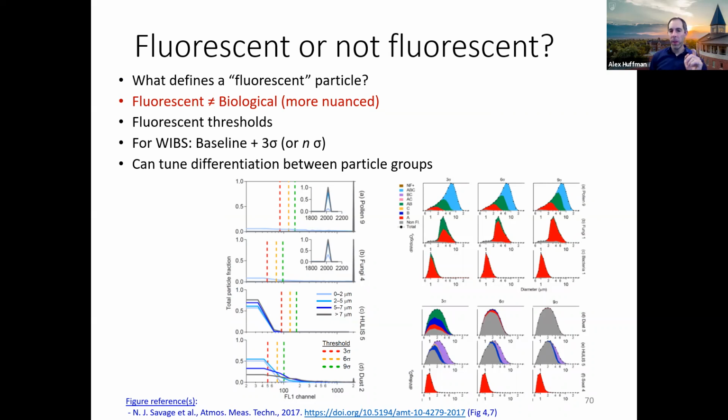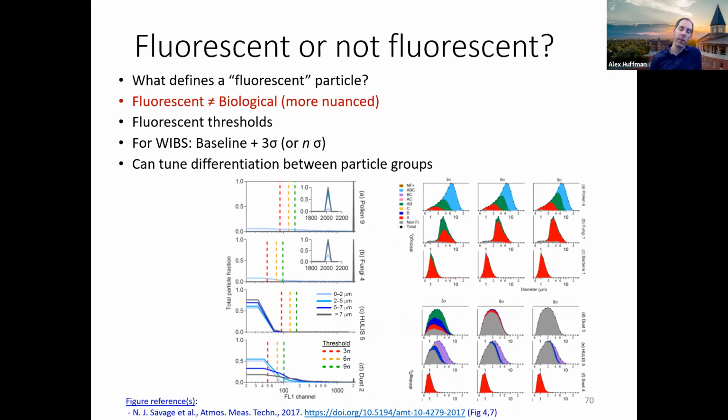So the most basic question and the most basic way people think about fluorescence analysis is just, is it fluorescent or not in a certain channel? And so that has been a fine way to do this, but it's a relatively coarse binary perspective. But even the definition of fluorescent or not implies that you have a threshold between the two.